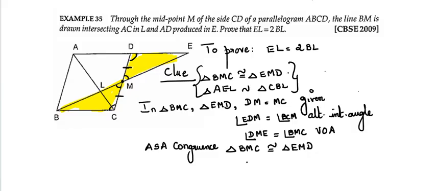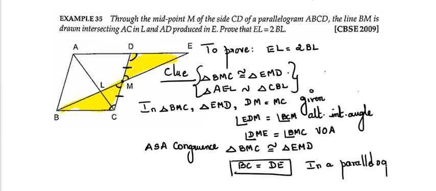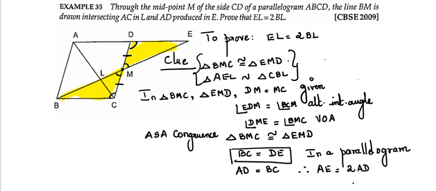So what we are getting, ma, is BC is equal to DE. And in a parallelogram, AD equal to BC, therefore AE is equal to 2 times AD. I can write 2 times DE.